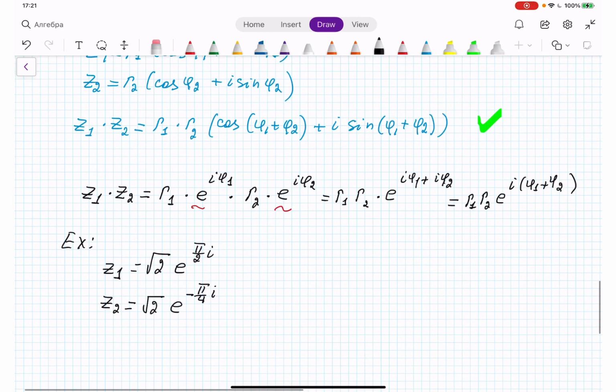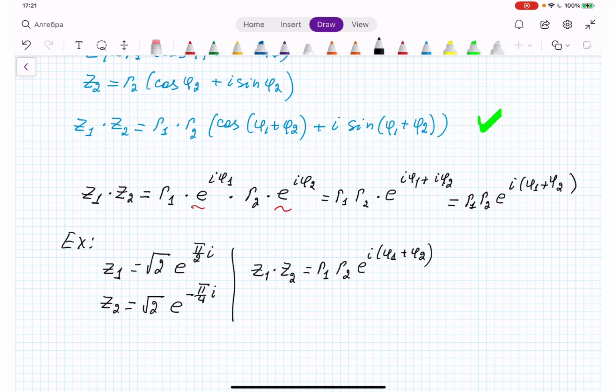Okay, the product of these two complex numbers is going to be z1 times z2 is equal to r1 r2 e to the power i phi1 plus phi2.